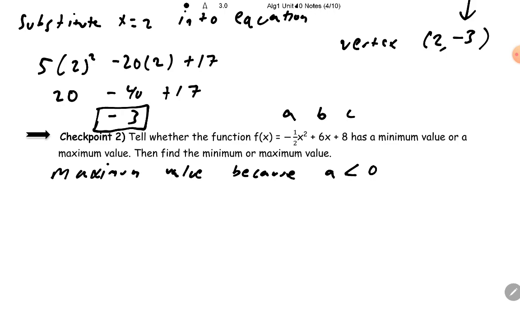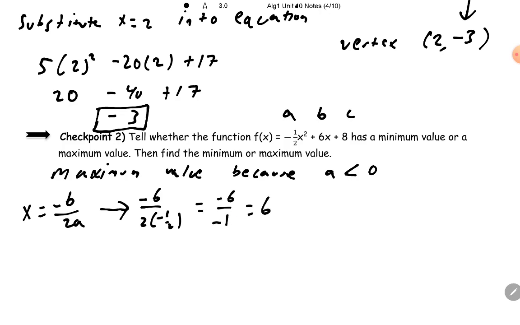Okay, now we're going to use the axis of symmetry to find our value. So negative b, so negative 6 over 2 times a, which is negative 1/2. That'll be negative 6 over negative 1, which is positive 6. We're going to substitute this into our equation. So negative 1/2 times 6 squared plus 6 times 6 plus 8.